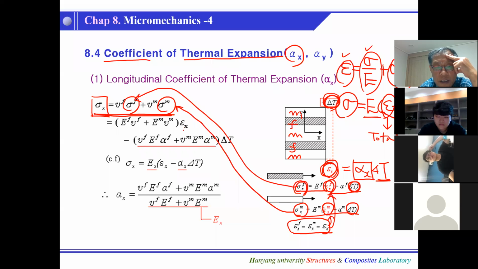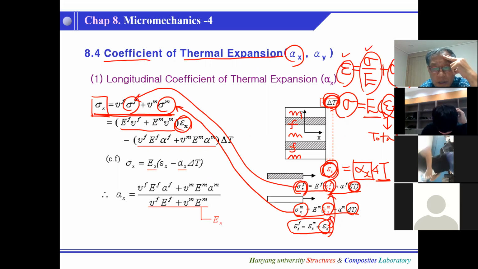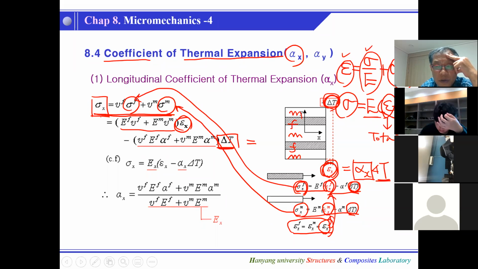Then, as you can see, epsilon x comes from here, and we'll have this. Also there will be a term related to temperature, and delta T comes from here. So by definition, besides this sigma x, there are no external stresses, which will be given as 0, right?